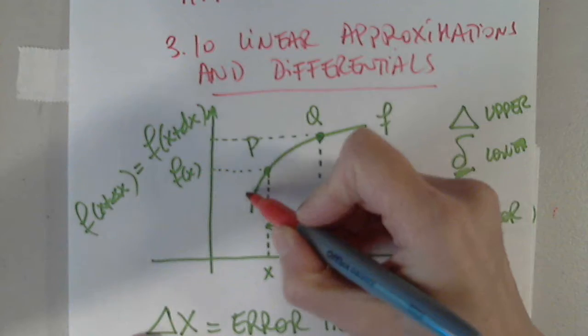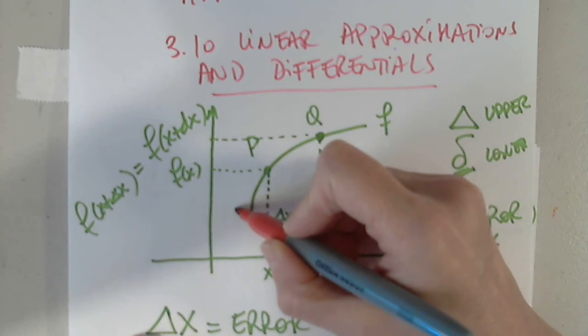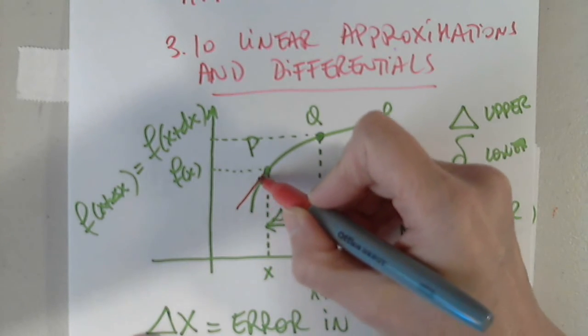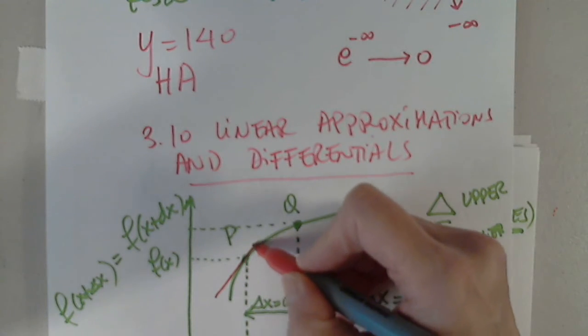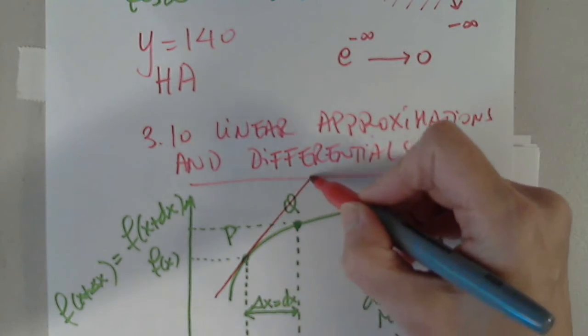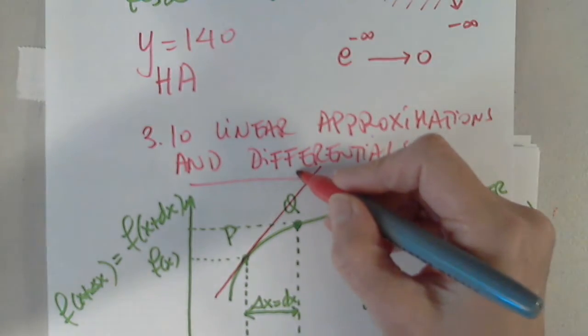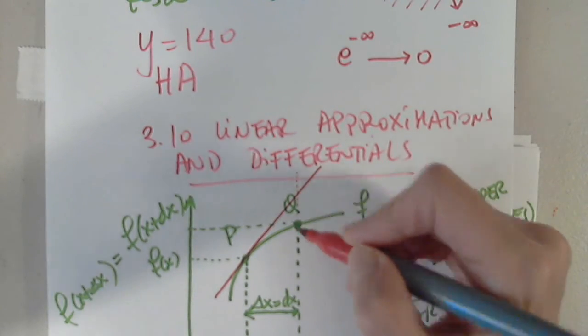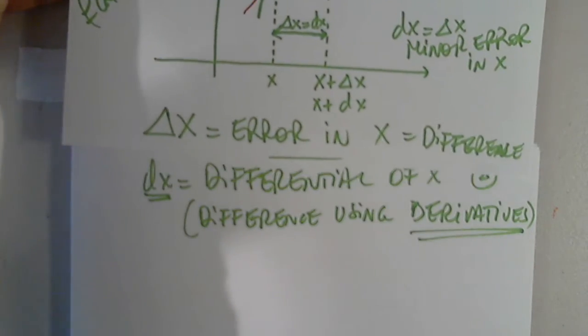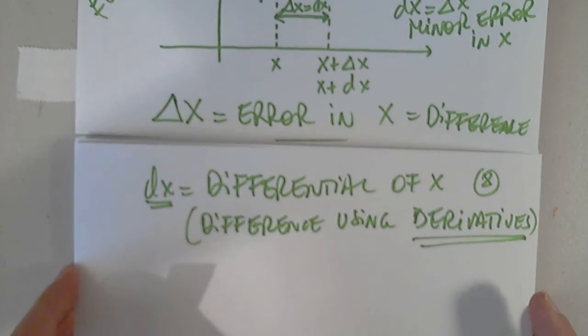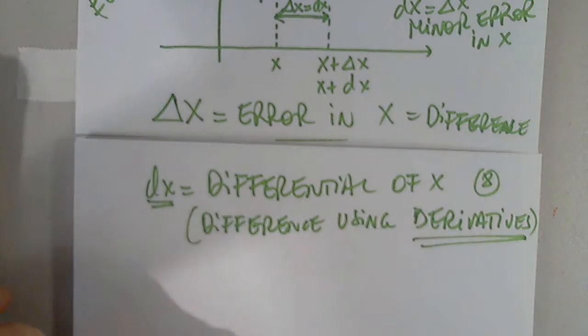Let's suppose I draw the tangent at P. Here's the tangent at P, and I'm going to extend it all the way past Q, and I'm going to extend the vertical line through Q. Okay, now we have to define two more things, and then I'll go back to the graph.